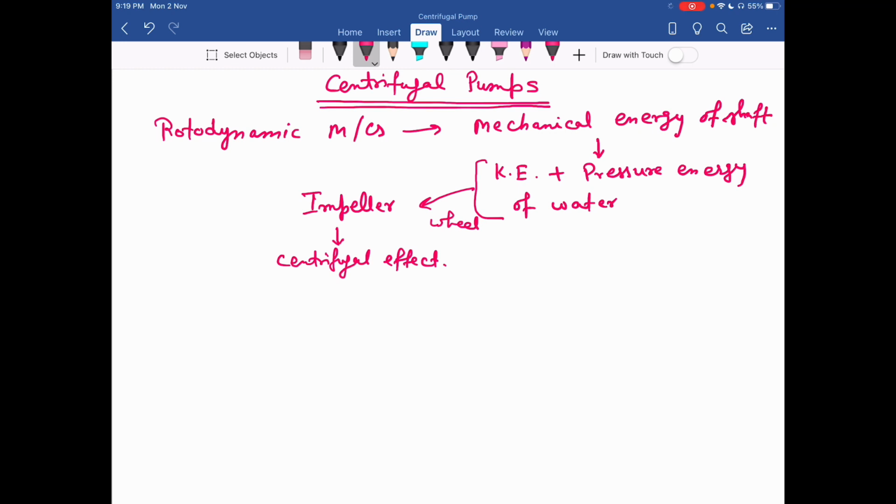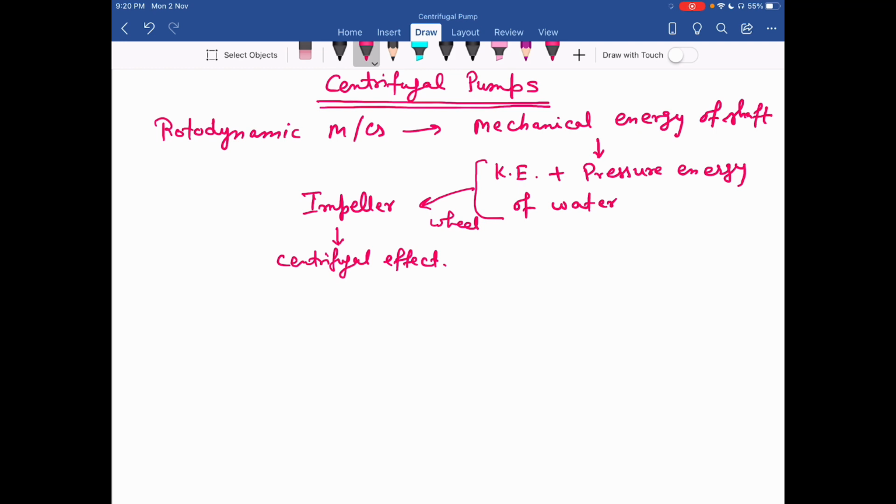Now the principle of working of centrifugal pump is same as that of our reaction turbine, okay, but it works in reverse direction. So that means in case of turbine, the pressure energy of water is converted into the mechanical energy of the shaft. However, in case of centrifugal pumps, we convert the mechanical energy of the shaft into the kinetic plus pressure energy.